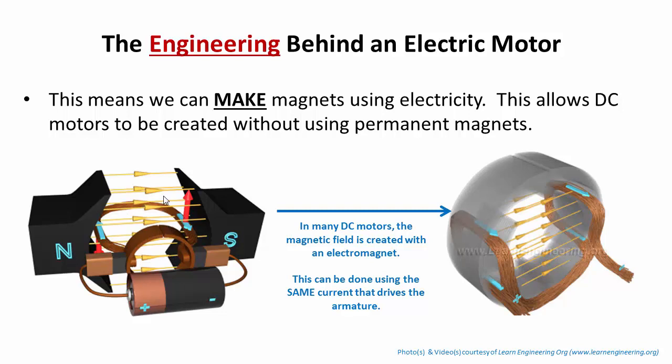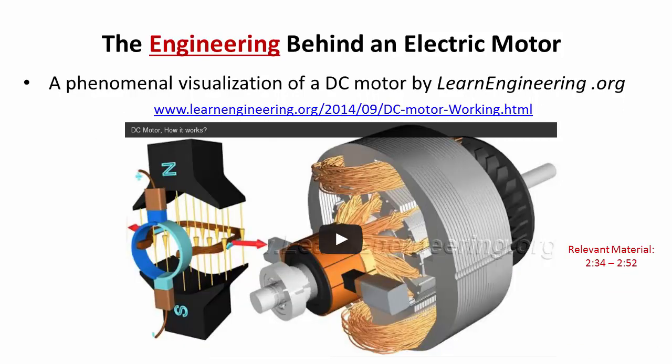So with one voltage source you can actually get both of the components of electromagnetism that you need in order to make this DC motor.